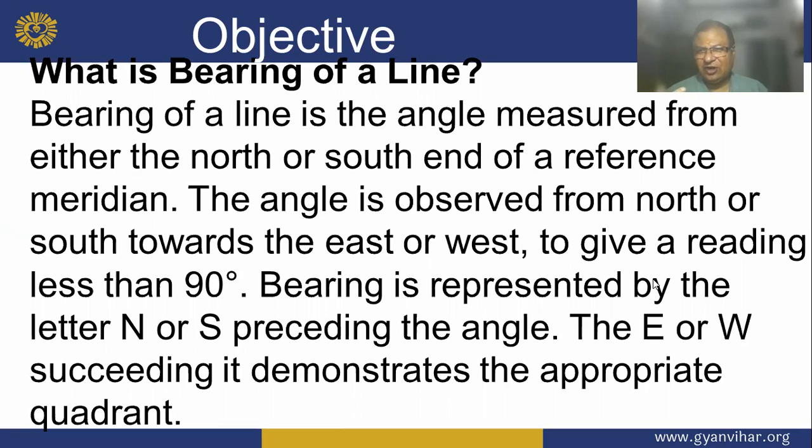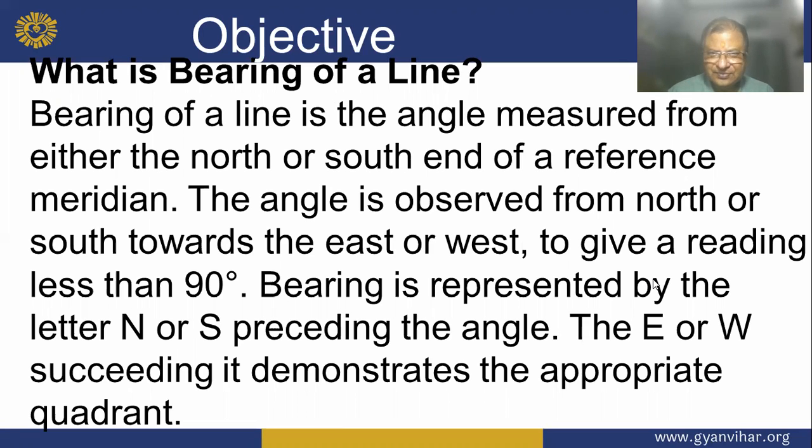The angle is observed from north or south toward the east or west to give a reading less than 90 degrees. So bearing is represented by the letter N or S preceding the angle, and the E or W succeeding it demonstrates its appropriate quadrant.